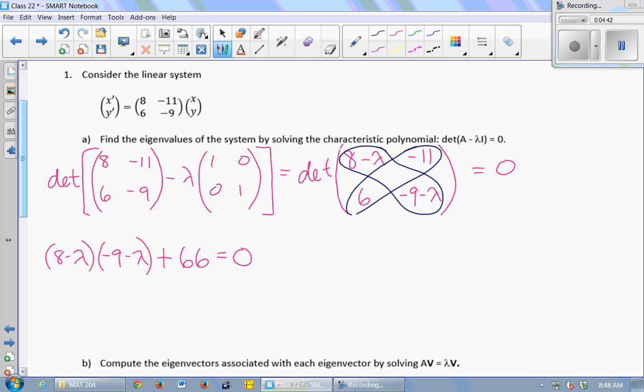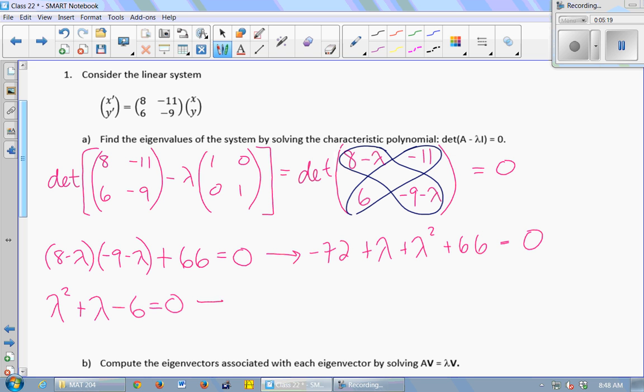I have to FOIL it out, combine like terms, and this is going to become a quadratic. If I FOIL this out, I get negative 72 minus 8 lambda plus 9 lambda, which is plus lambda, plus lambda squared plus 66 equals 0. Combining like terms, I have lambda squared plus lambda, and 66 minus 72 is negative 6.